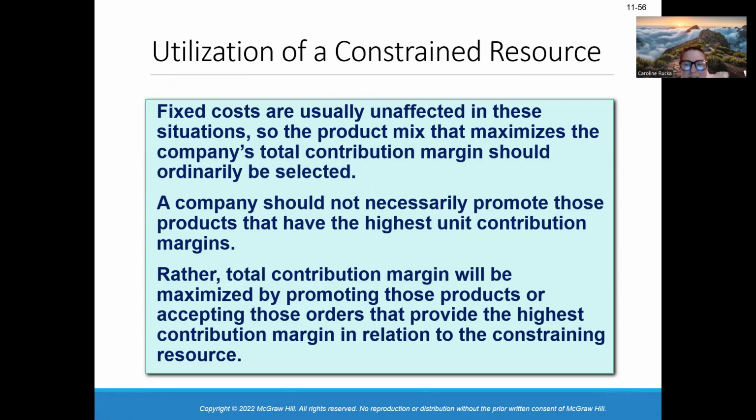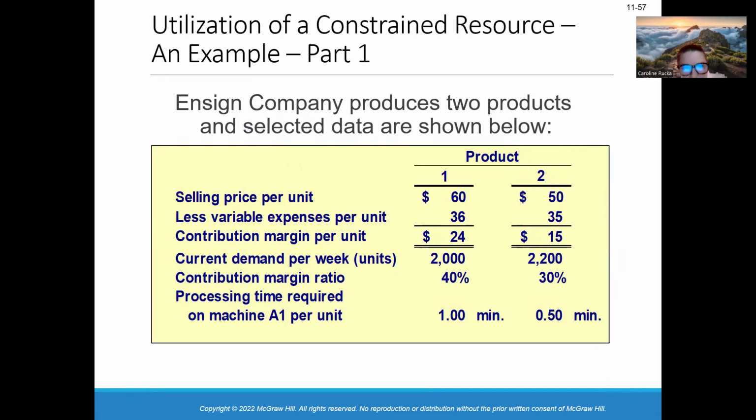That's not necessarily the most profitable option. We have to consider cost as well. The total contribution margin should be maximized by promoting those products and accepting those orders that provide the highest contribution margin overall in relation to the constraining resource.